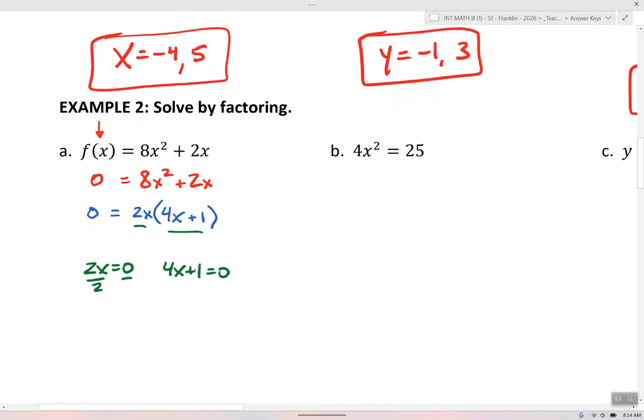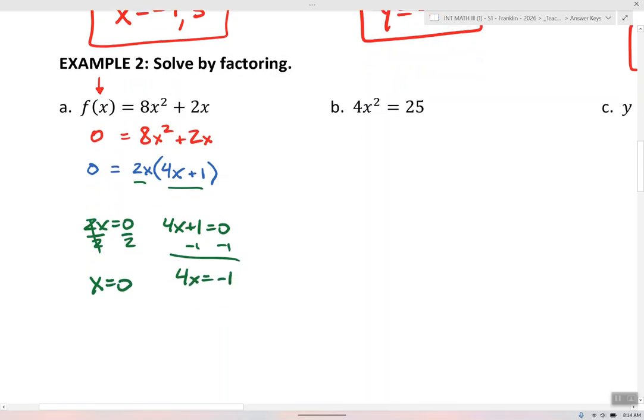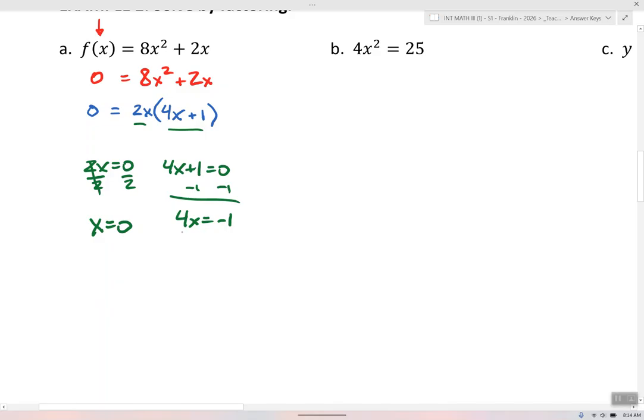Well, the first one here, divide by 2, that just gives us 0. The second one, we'll subtract 1. So 4x equals negative 1. Then divide by 4. So x equals negative 1/4. So our solutions are 0 and negative 1/4.